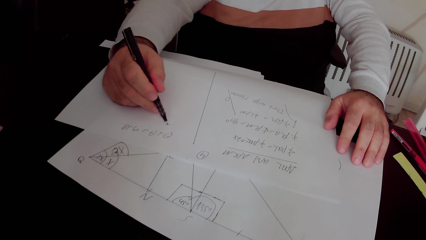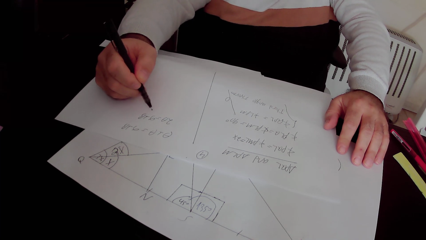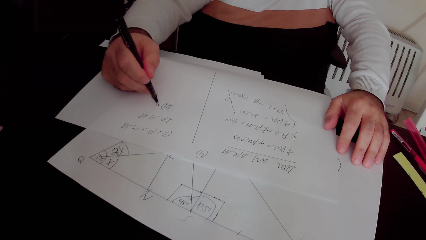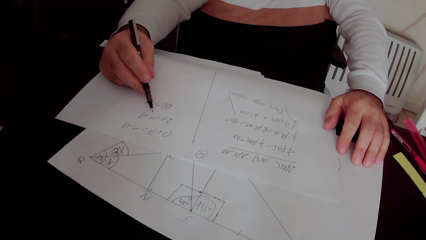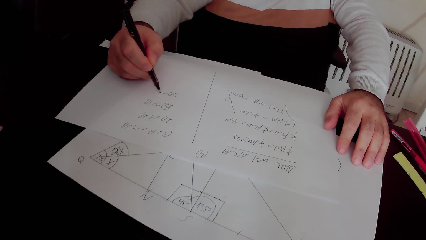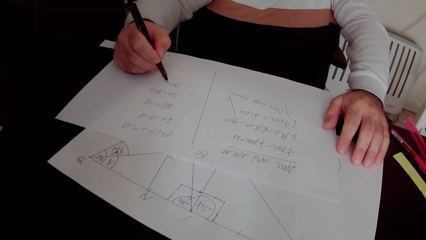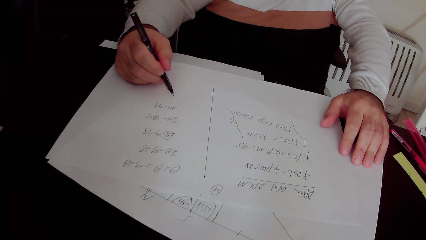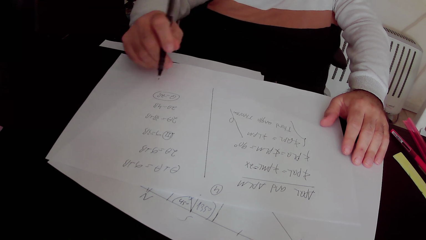So 2 theta equals alpha plus beta. But we have already found that, according to equation number 3, alpha equals 3 beta. So we can substitute alpha by 3 beta in this equation, and we will get 2 theta equals 3 beta plus beta. That is to say, 2 theta equals 4 beta. We divide this equation by 2 and get theta equals 2 beta.